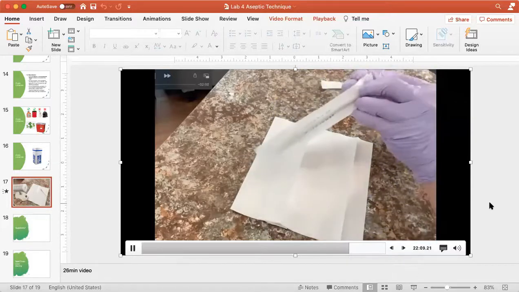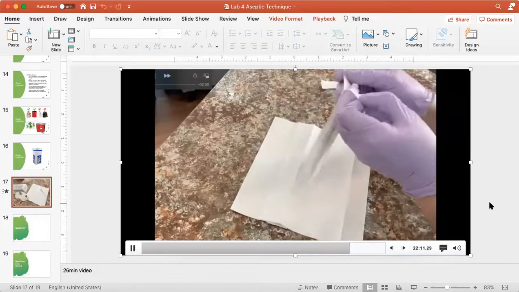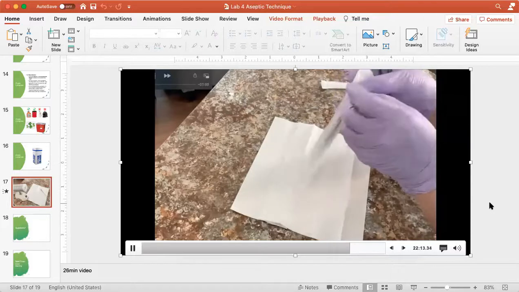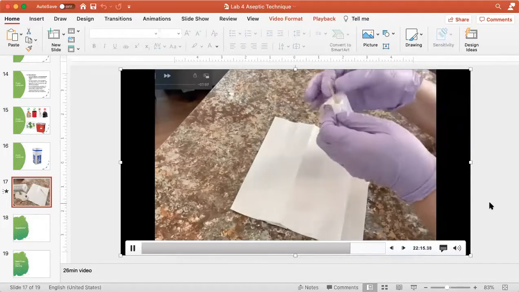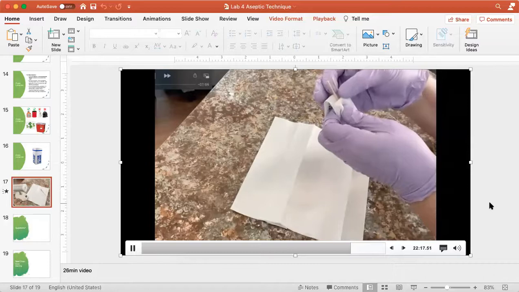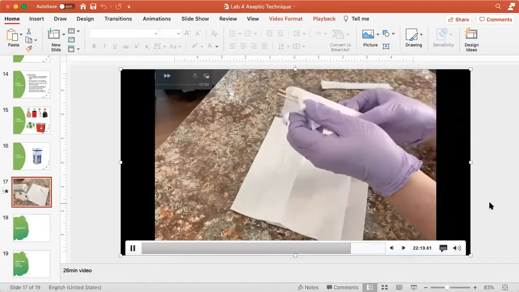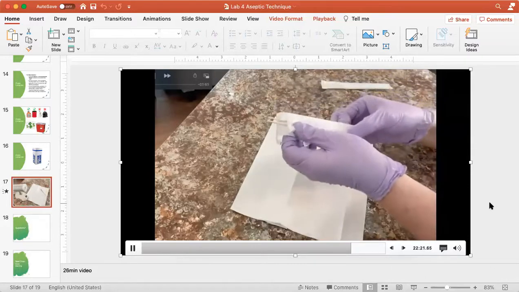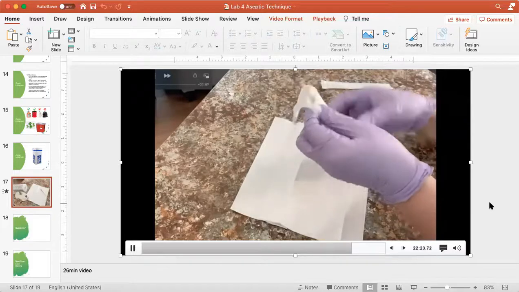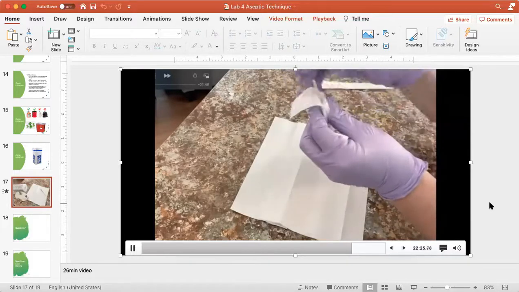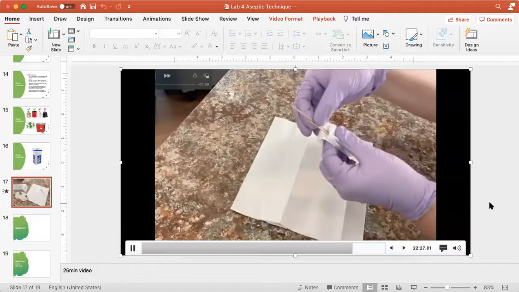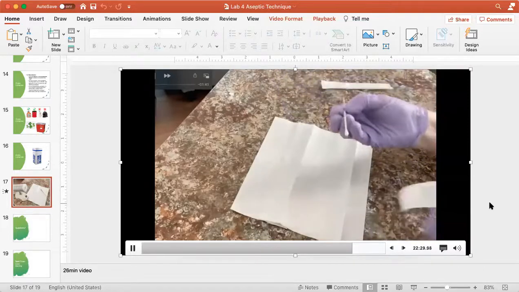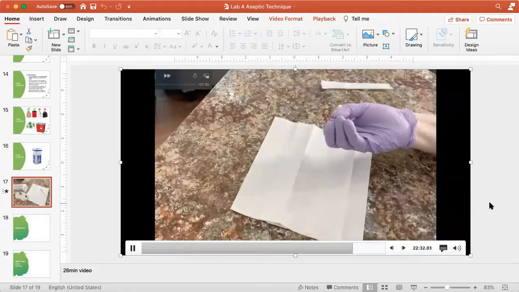And again, just like with the loops, that allows you to open the package at the end opposite to the swab. So if you carefully manipulate the package here so that the opening is a little bit wider, you can pull the swab out carefully and you've got a nice sterile surface.